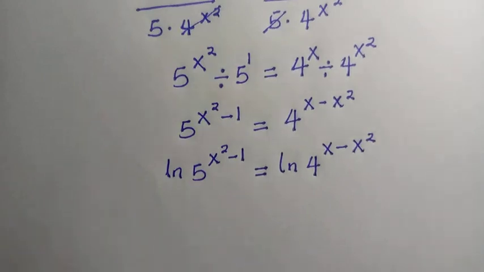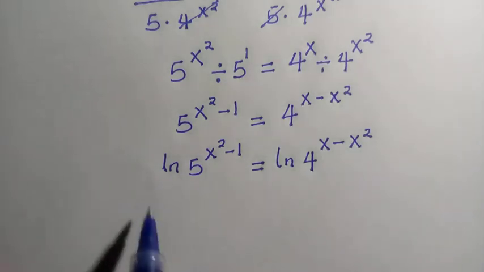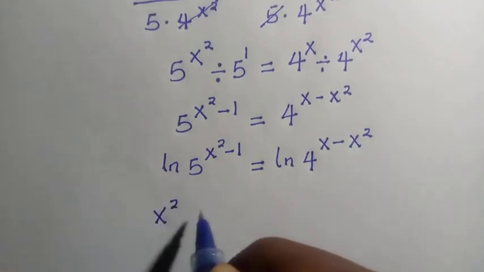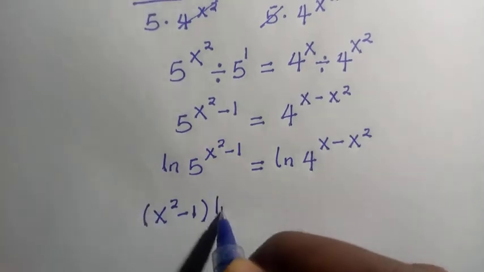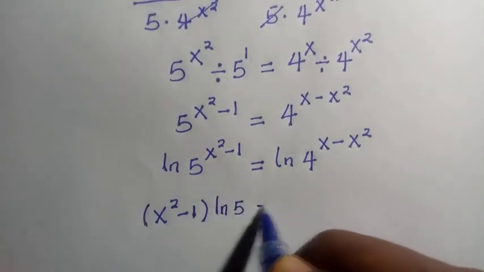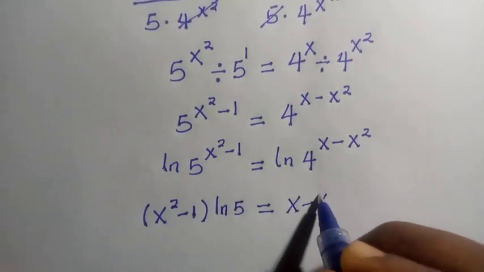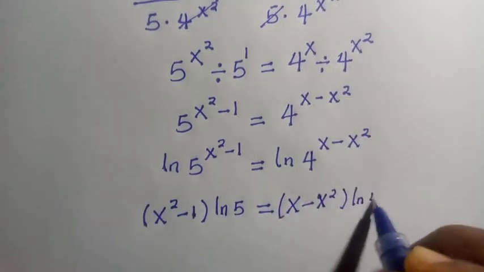Then by the property of logarithm, we transfer the power, we take it down. So we have x squared minus 1 in bracket, then ln 5 equals x minus x squared, ln 4.